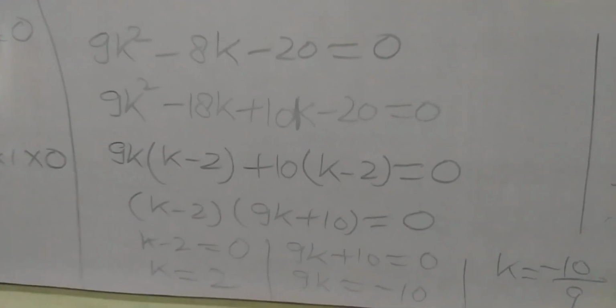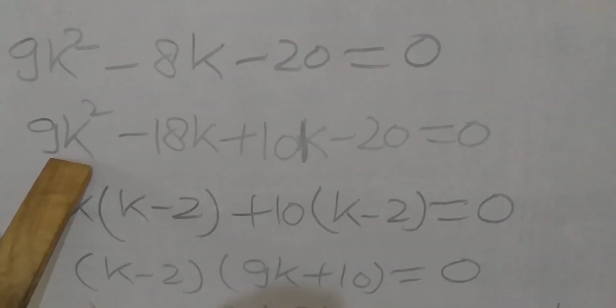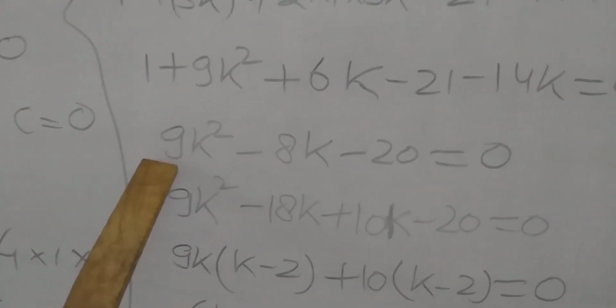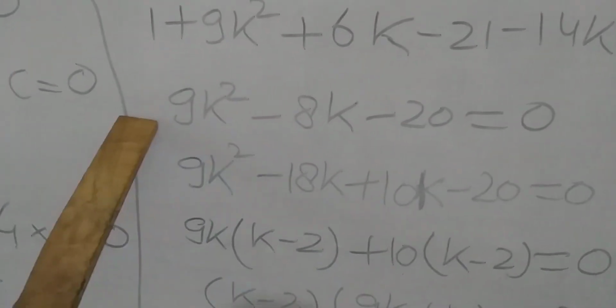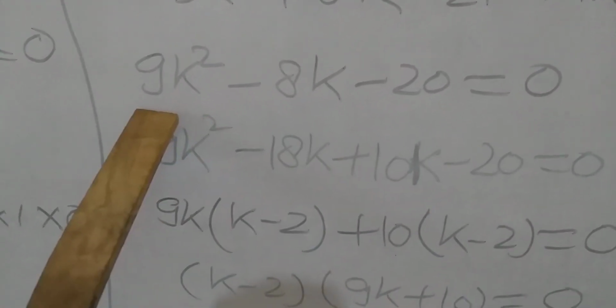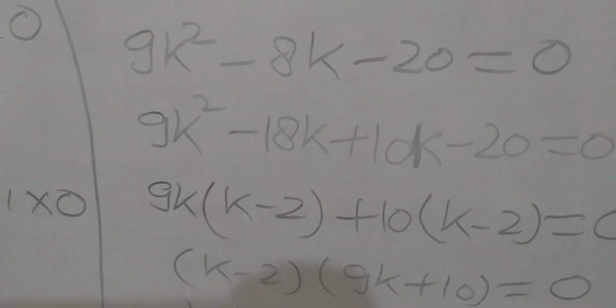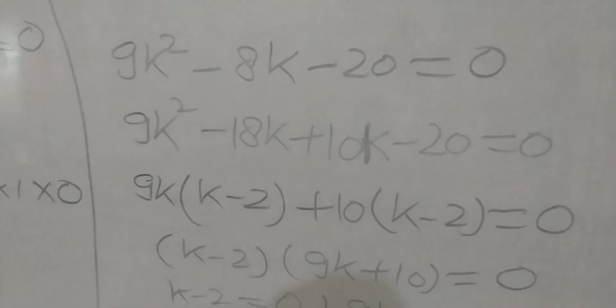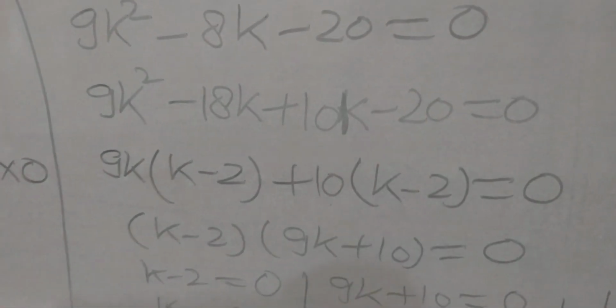So students, 9k² − 8k − 20 = 0 is a quadratic equation, and we have to factorize it. There are 3 methods to solve this equation: the factorization method, the completing the square method, and the quadratic formula.